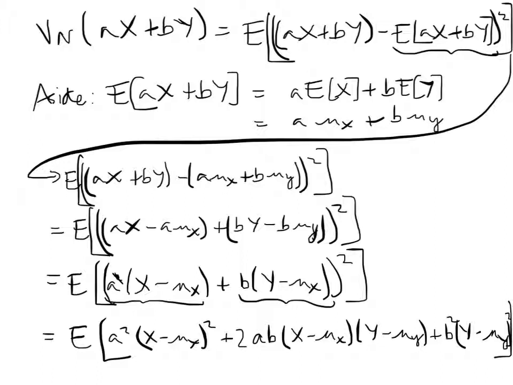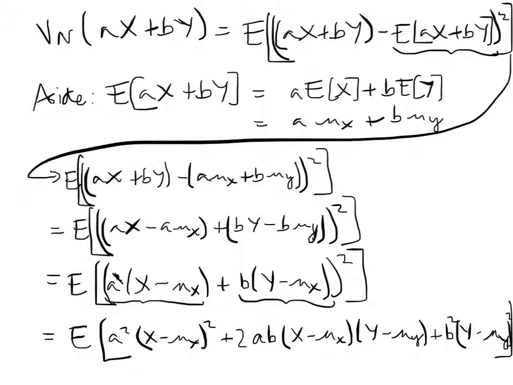But now we know exactly what to do. We know that the expectation can go through the summation. We know that this constant will come out. We know that this constant will come out. We know that this constant will come out. We know that this will be a squared times the expectation of this quantity, which happens to be the variance of x. We know that this will be 2ab times the expectation of this quantity, which is the covariance. And we know that this will be b squared times the expectation of that quantity, which is the variance.